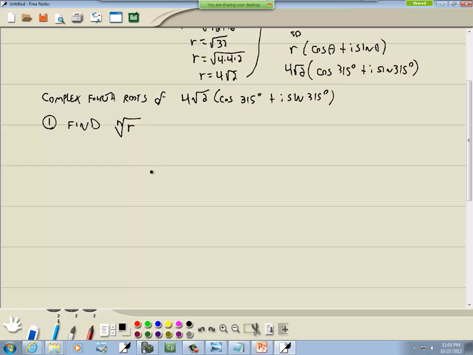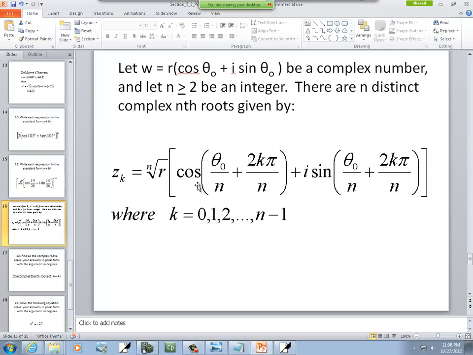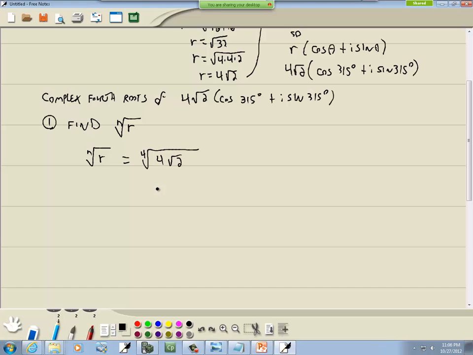That's this right here. Now n is how many roots we're talking about, so we're talking about 4. And then I put 4 square root of 2 in here. So nothing exciting, you just put r in there.